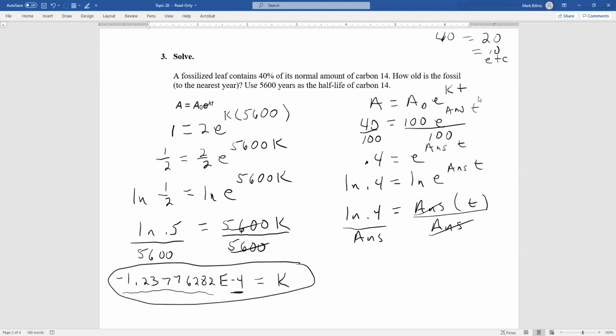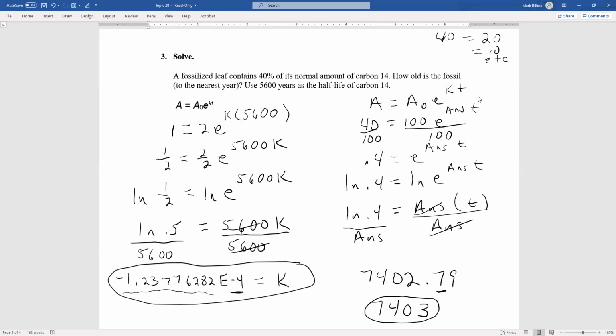Now you'll hit enter, and that will give us our answer of 7,402.79. Now it says round to the nearest year. So the nearest year, since this is a 7, would round our 2 up. So the answer would be 7,403.